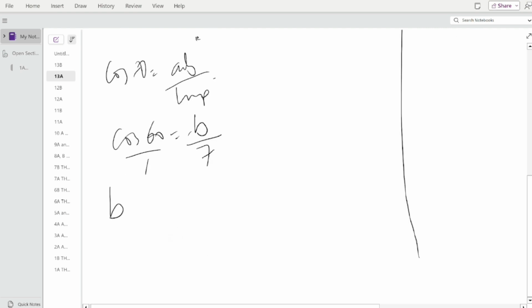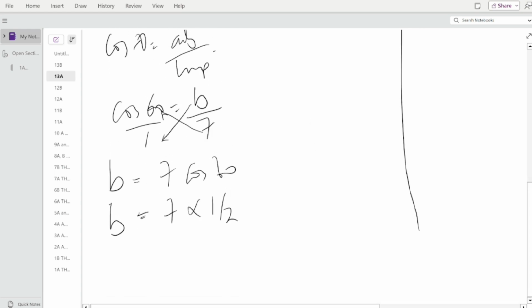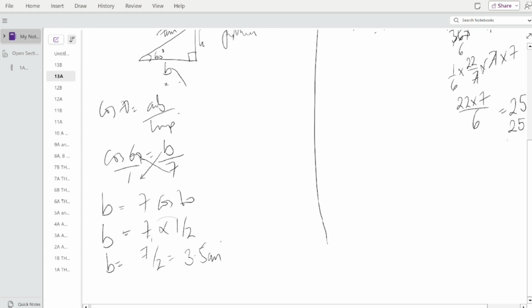Cross multiply: B equals 7 cos 60. Cos 60 is half, or 0.5. So B is 7 over 2. B is 3.5 centimeters. Now we have our base to be 3.5 centimeters.